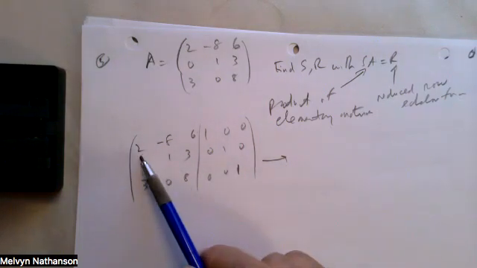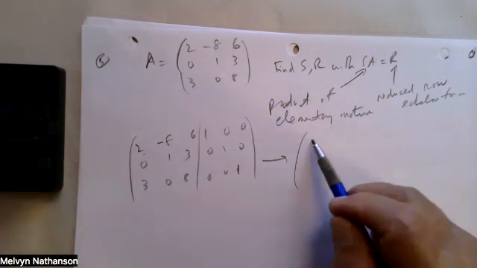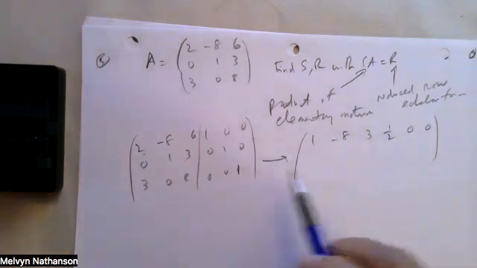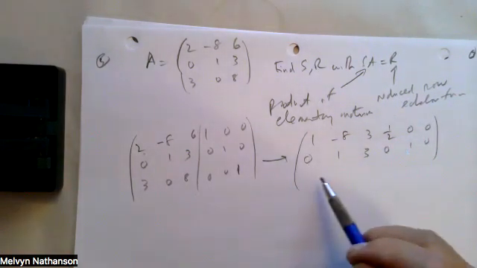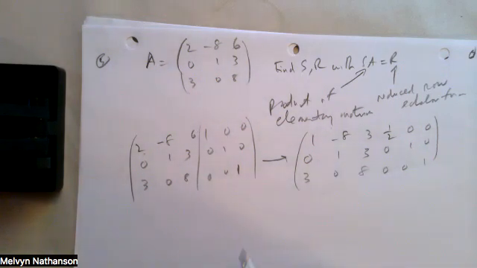So the first thing we want to do is get a 1 here, so I multiply the first row by a half and leave everything else the same. And I want to get 0 there.